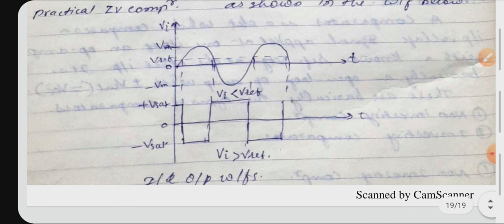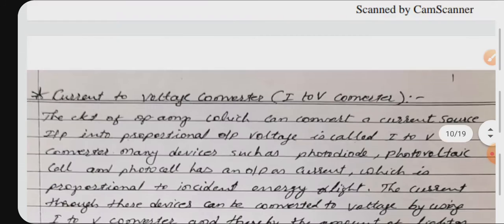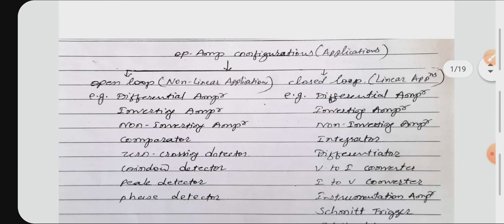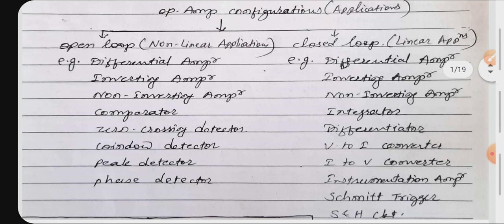So this is what about the linear and non-linear applications of op-amp. Linear applications are the applications with feedback, which are also called closed loop applications of op-amp, and open loop applications are also called non-linear applications of op-amp.